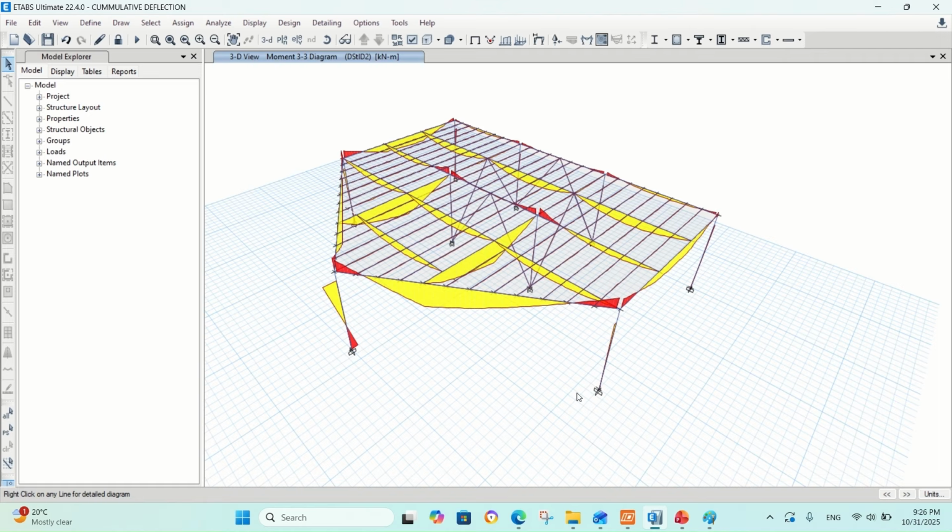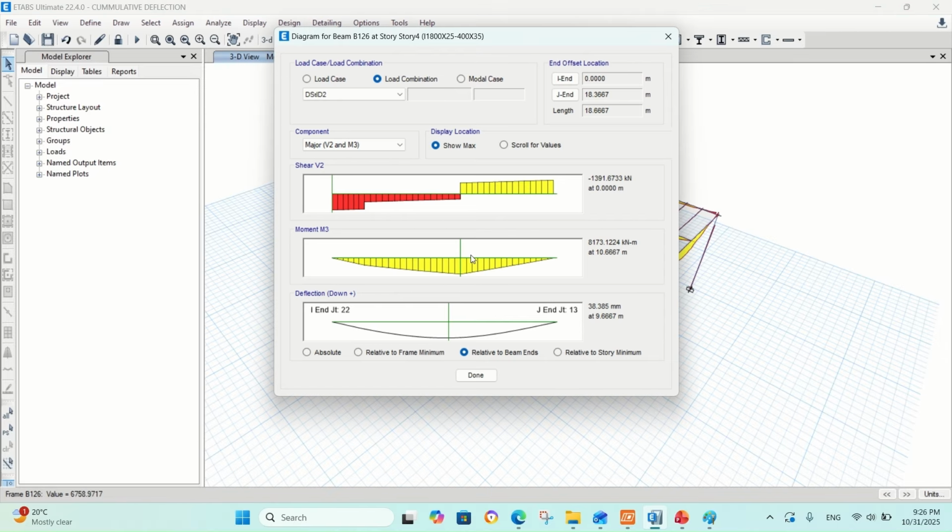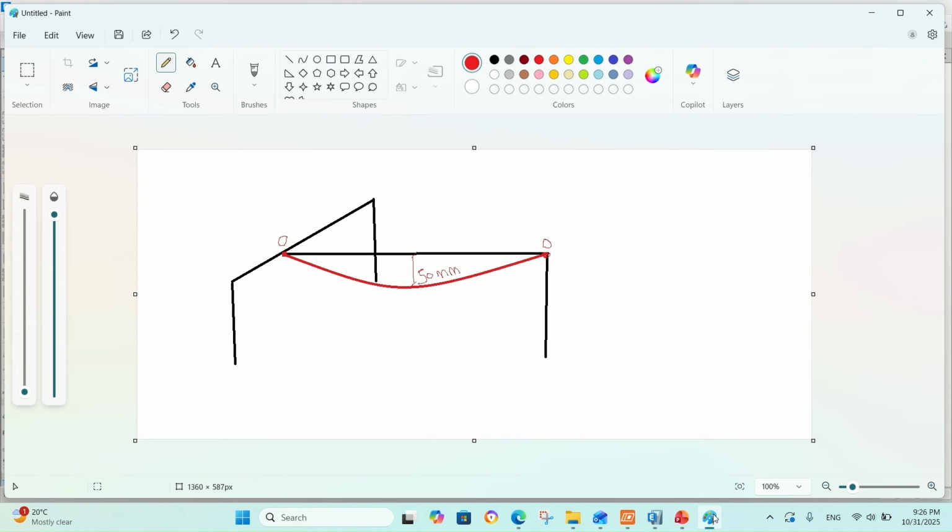I get this value, and this is the first number we read here when we say relative to beam ends. We have another deflection. We read it from the diagram, which is relative to beam minimum.